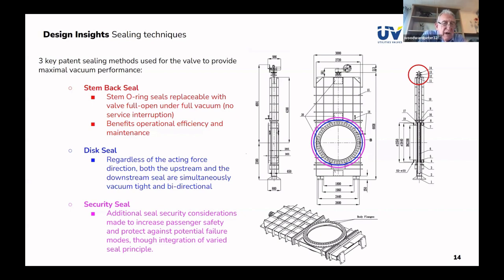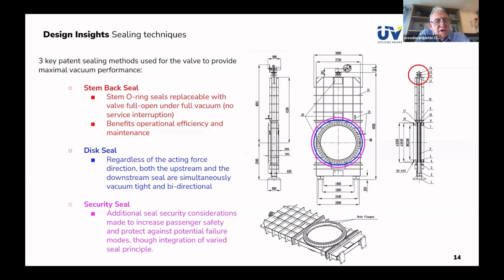Disc seal, as we mentioned earlier, regardless of the horizontal forces, and it can be from both sides, so bidirectional. Upstream and downstream seals are both simultaneously vacuum tight, truly bidirectional valve. And then we've got the added security seal, which we may or may not need to use or choose to use.